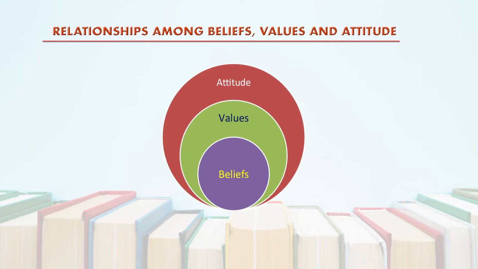Friends, I can say that attitude is a broader aspect. Beliefs help to develop attitude, and at the same time our own values, our own value system, our own value standard, also help in developing a type of attitude. So, that is why beliefs and values are included in attitude.